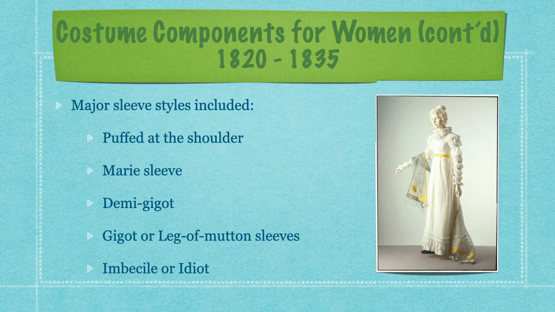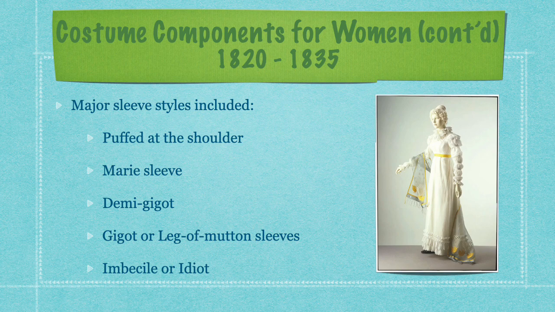Decorative epaulets were sometimes placed at the shoulder. The Marie sleeve was full to the wrist, but it tied in intervals with ribbons or bands.